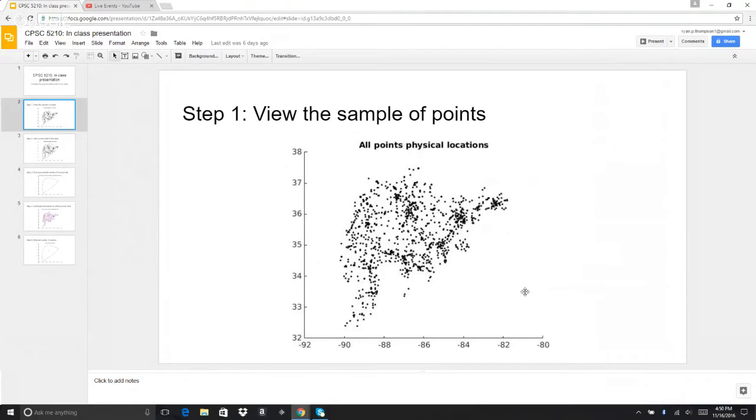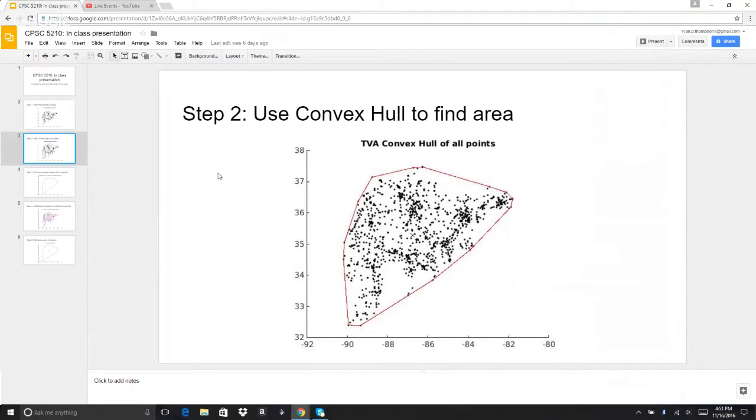Longitude and latitude locations are given, and you can see how a general shape is made from these series of points. So what we'll do now is use our previously covered method of a convex hull to determine an area, and once we have the area, hopefully determine the center of those points.